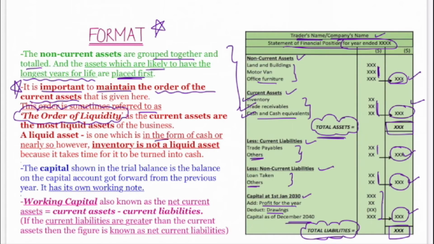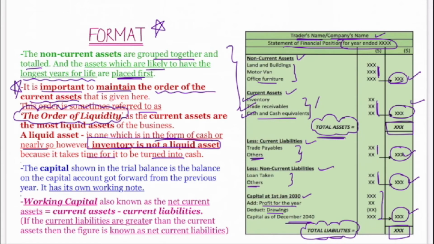However, inventory is not a liquid asset because it takes time for it to be turned into cash. Anything that can be turned into cash easily is a liquid asset essentially. So cash is already in liquid form. So that is why cash is the most liquid asset of the business. But it is important that you note this order for current assets and write it in this format only.